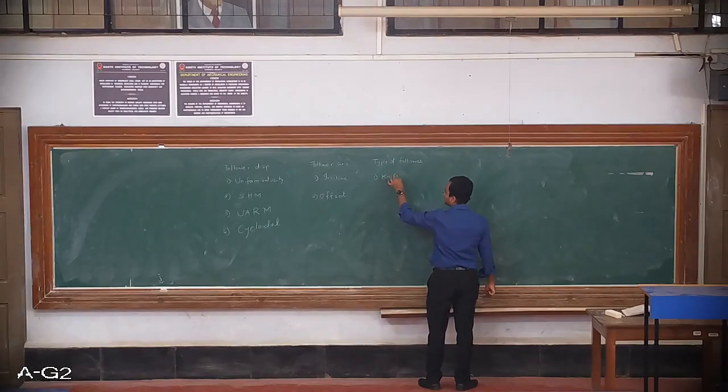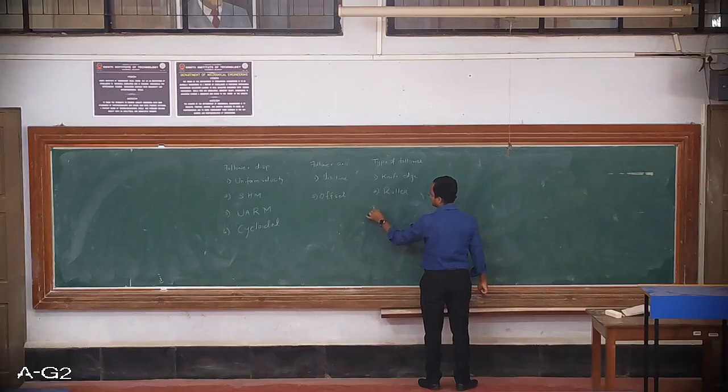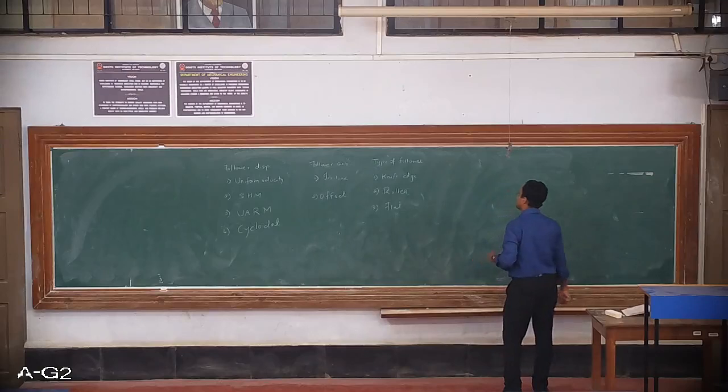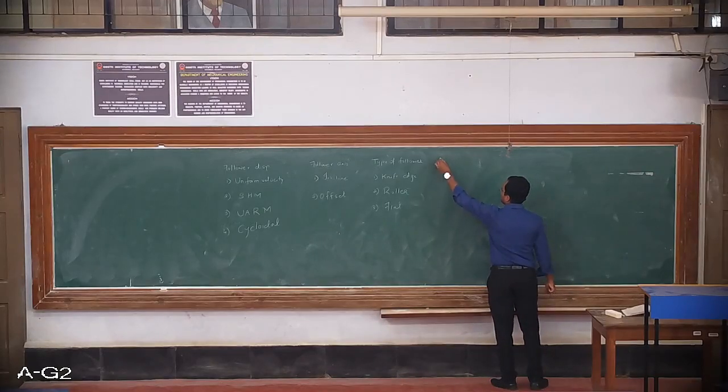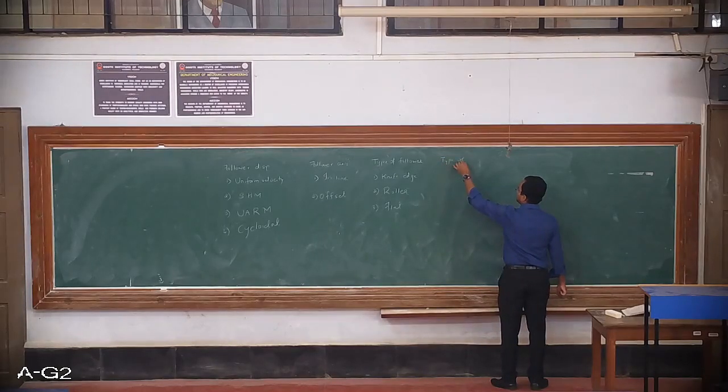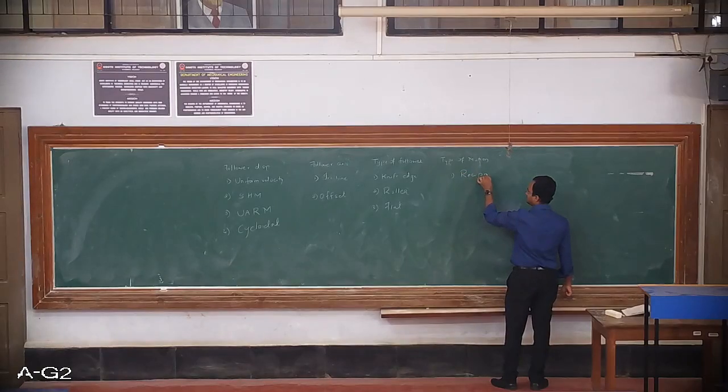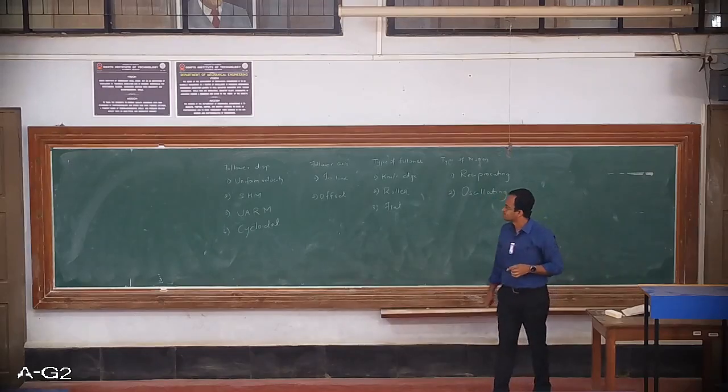So we could get the knife edge follower, roller follower, or say flat follower. And last classification will be type of motion of the follower. So it could be reciprocating, or it could be oscillating. Right?